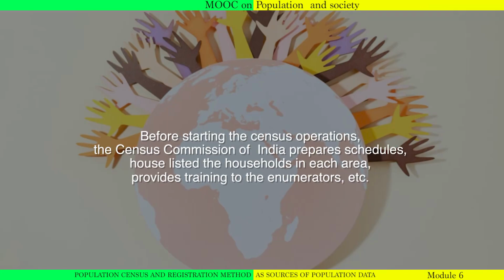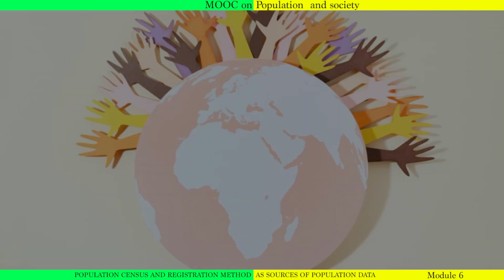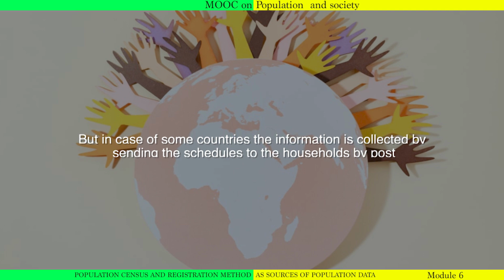Before starting the census operations, the Census Commission of India prepares schedules, house-lists the households in each area, provides training to the enumerators, etc. During census operations, the enumerators collect the data by door-to-door visit to every household. But in some countries, the information is also collected by sending schedules to the household via post.